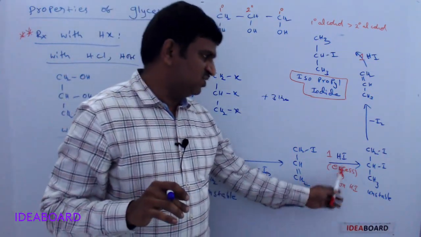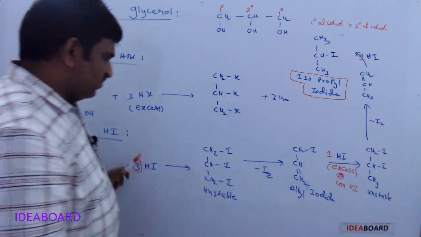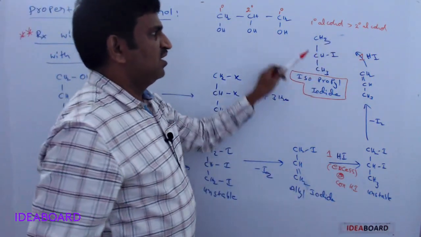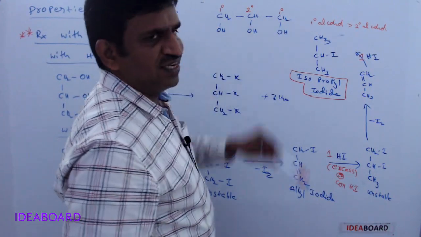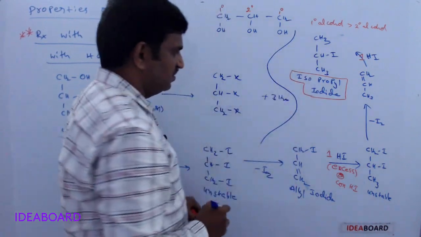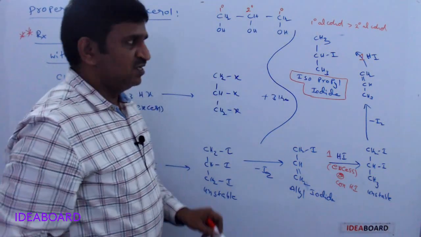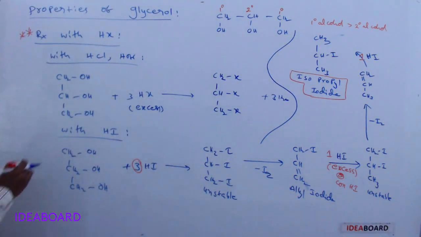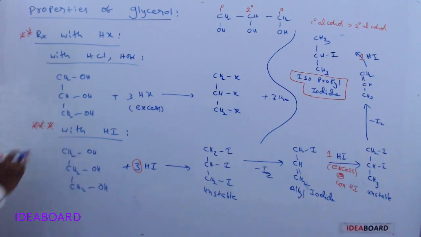But if concentrated HI or excess of HI is mentioned, then 5 moles totally react, and the final product is isopropyl iodide. Please remember, isopropyl iodide is the final product. This is a very, very important question.